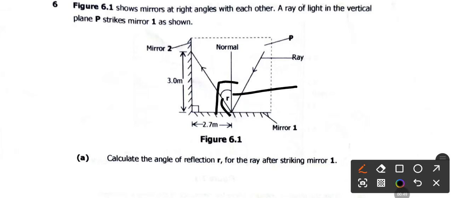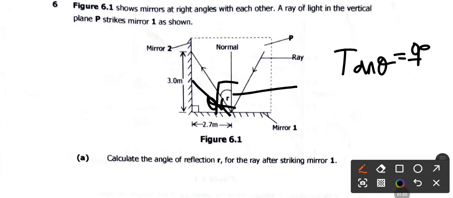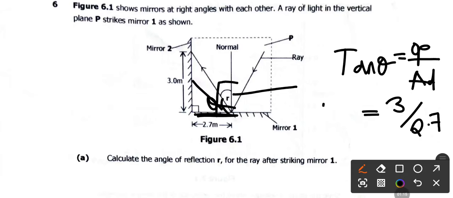So to do this, we'll use tan theta. Remember tan theta, if we say this our theta here, is equal to opposite over the adjacent. The opposite value is 3, the adjacent is 2.7.